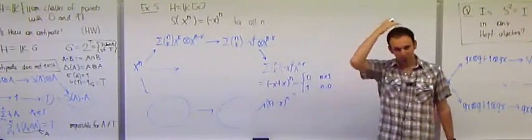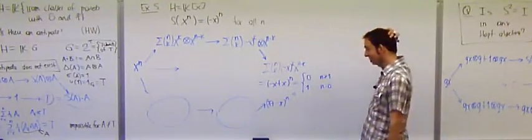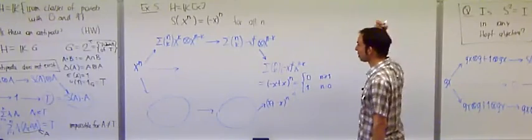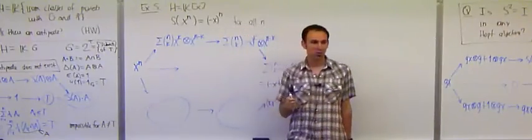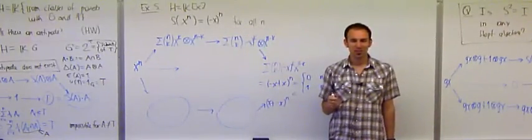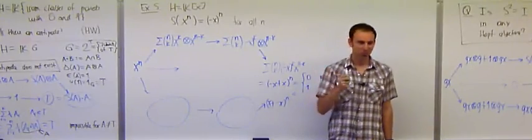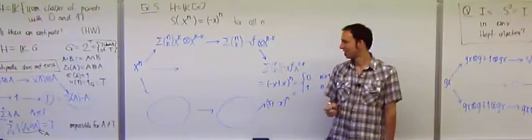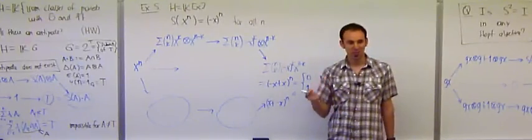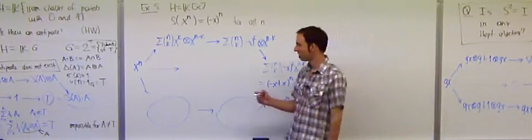Well, I have to remember what the co-unit is here. So what is the co-unit? The co-unit sends x to 0, which means that it sends x to the n to 0 if n is greater than or equal to 1.